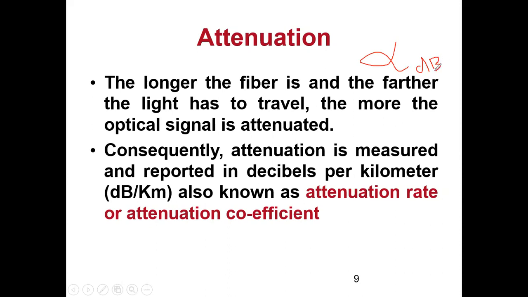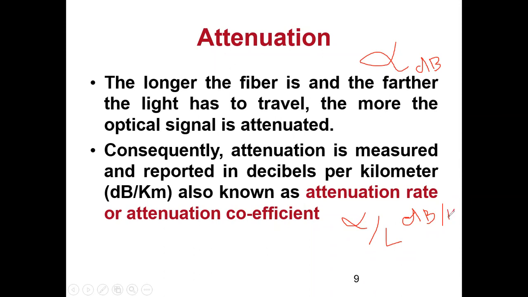Now, why attenuation in dB? Because sometimes they tell you to calculate the attenuation per unit length of the fiber. At that time it is alpha by L, per unit length of the fiber, and it changes to dB per kilometer. So if they tell you to calculate attenuation per kilometer, then it is dB per kilometer.